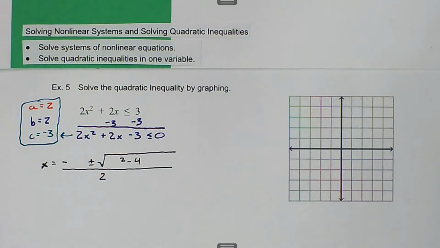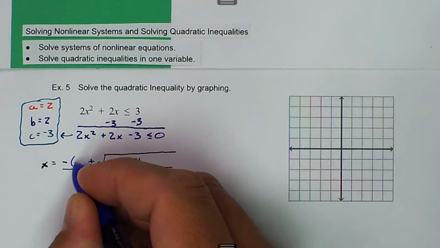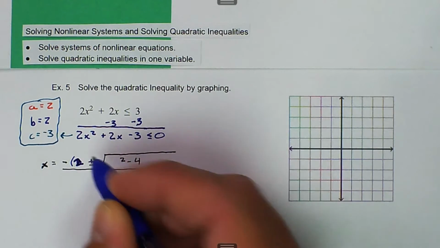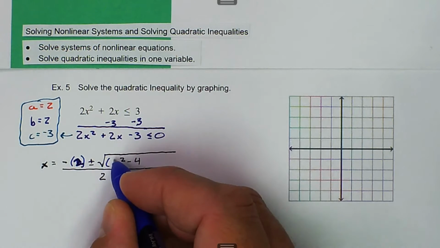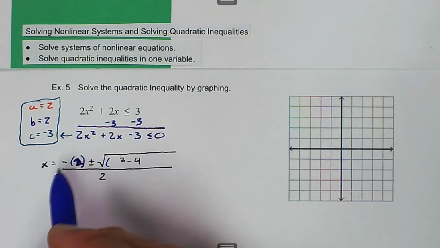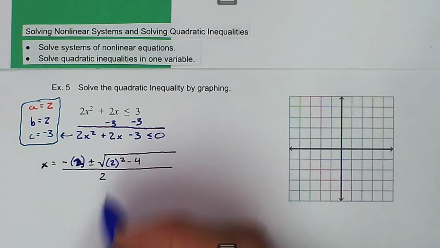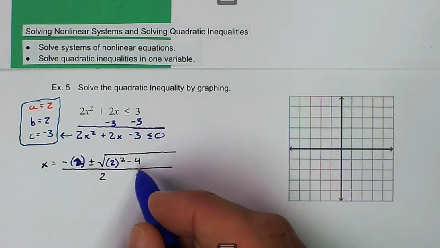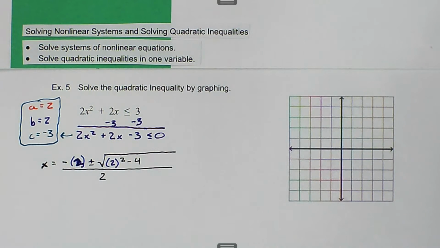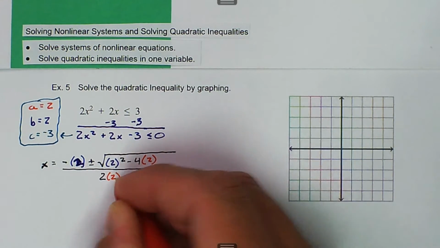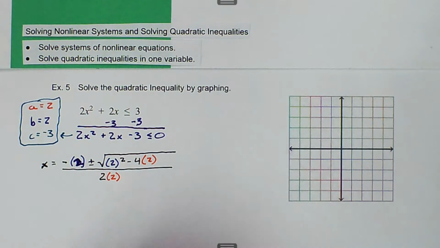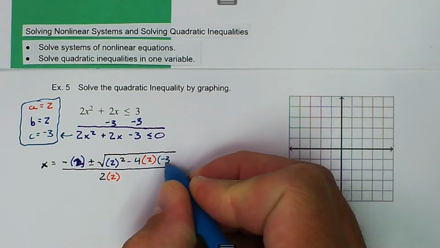So those are the things that always stay, and then we just have to substitute these values in. So negative b is negative 2, so we're going to substitute that in, negative 2. B is 2, so it's negative 2. And then 2 squared, and then minus, then we have our a value, which is going to be 2, and our c value, which is negative 3.